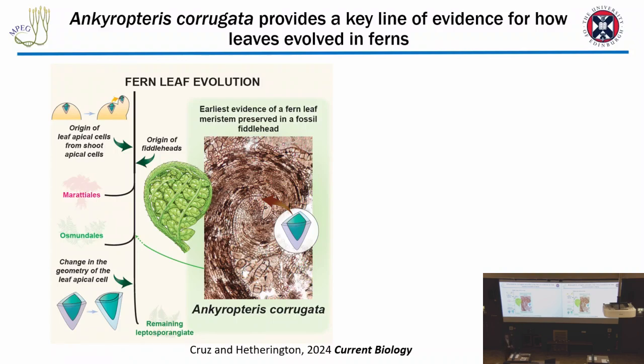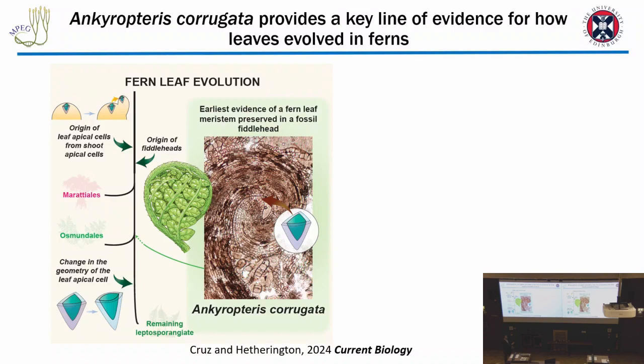First, we're able to find that likely in the ancestor of all ferns, there was a shoot apex with a tetrahedral apical cell. Now, at some point early in evolution, there must have been a switch where we got a new lateral structure formed, this new leaf-like structure, which is actually a kind of a direct copy of the tetrahedral apical cell we're finding in the shoot. Then, from this point onwards, we get the origin of fiddleheads.